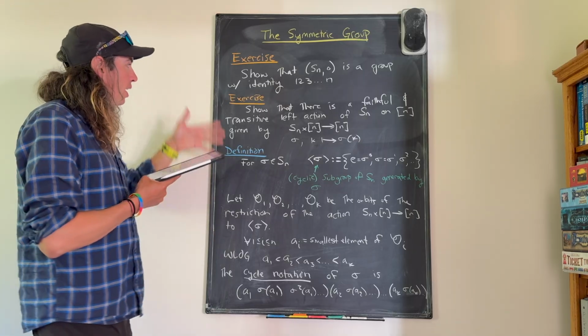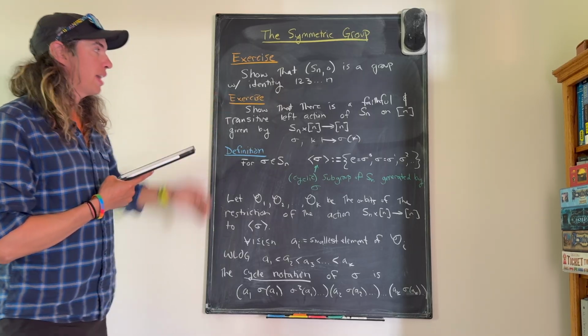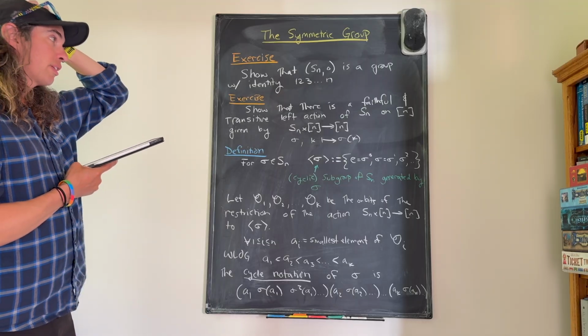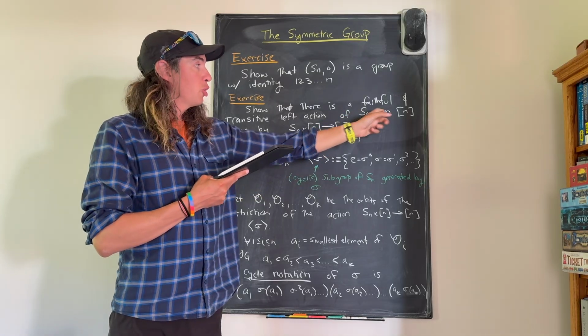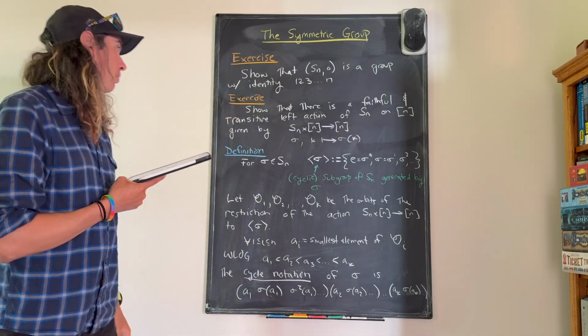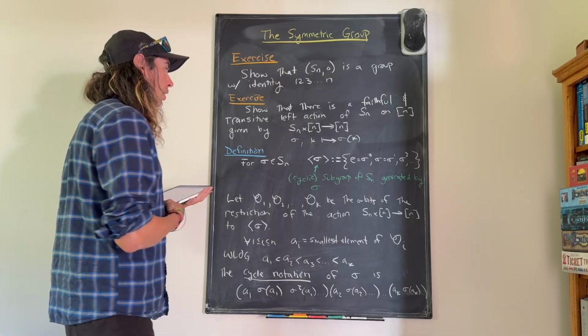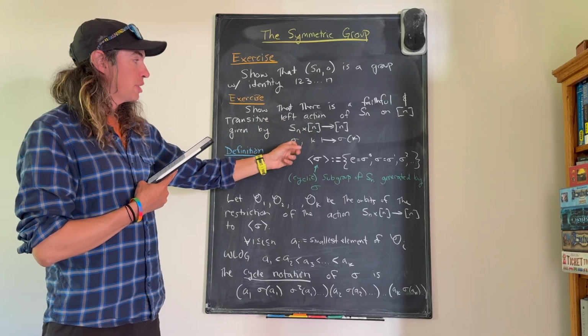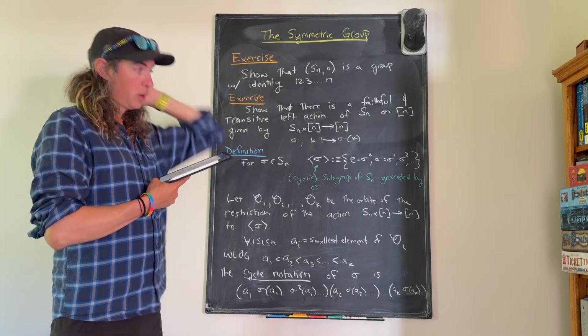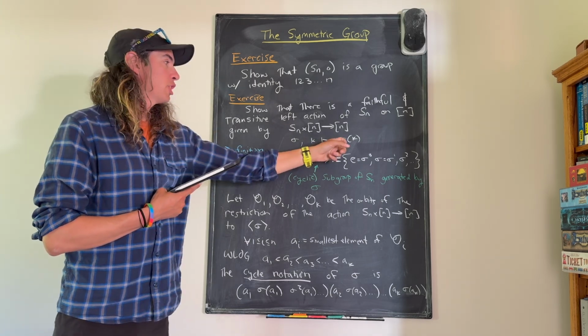To get started, there's another great exercise, which is to show that there's a faithful and transitive left action of Sn, the symmetric group, on the set of numbers 1 through n. It's given the way you would expect: if I take a permutation and a number between 1 and n, I just apply the permutation to that element.